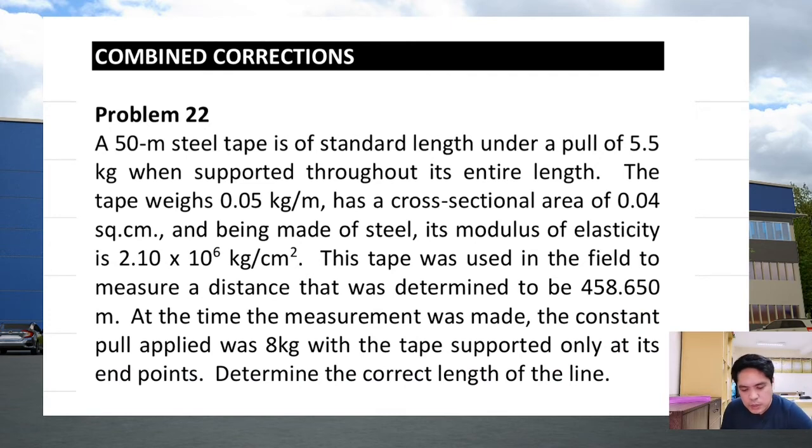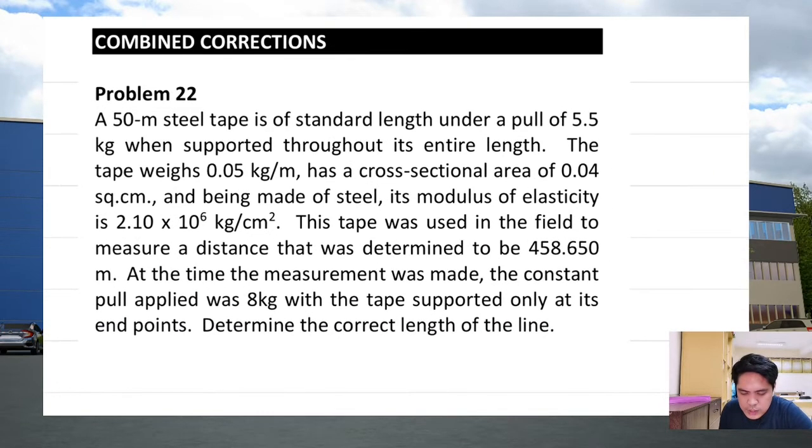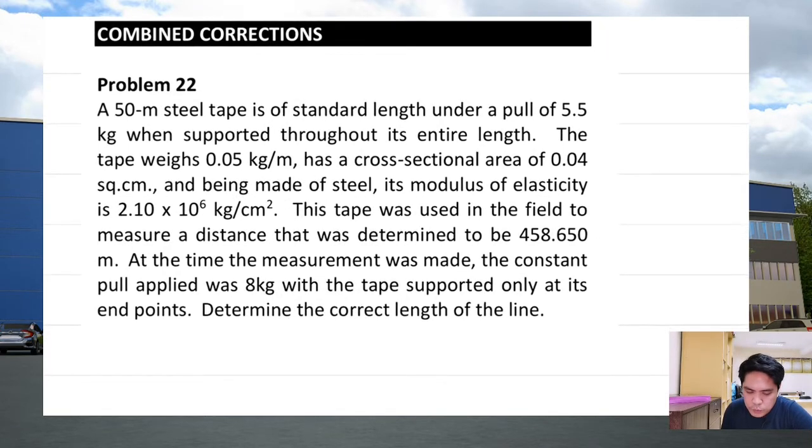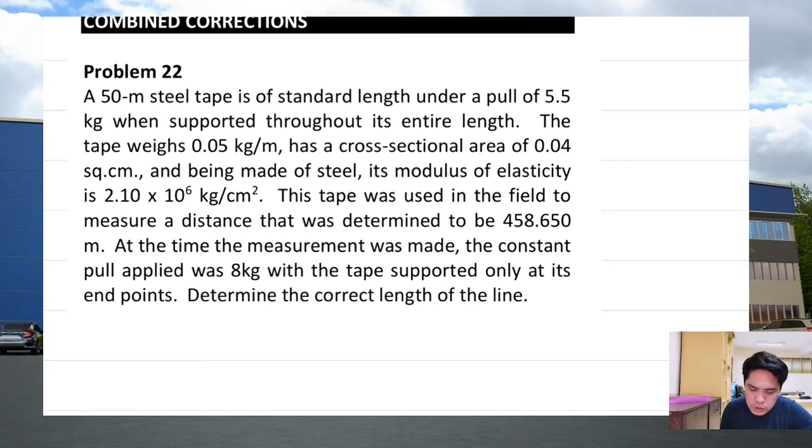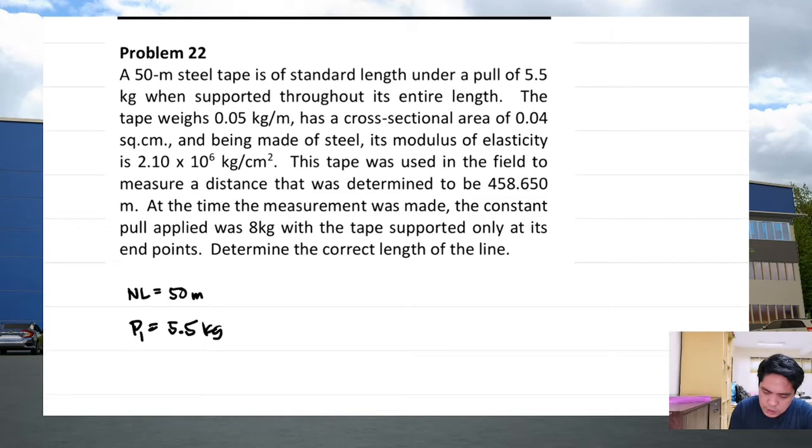A 50-meter steel tape is of standard length under a pull of 5.5 kg when supported throughout its entire length. So, let's write the givens first. That's nominal length equal to 50 meters under a standard pull. So, that would be our P or P1, which is equal to 5.5 kg. That's a standard pull.